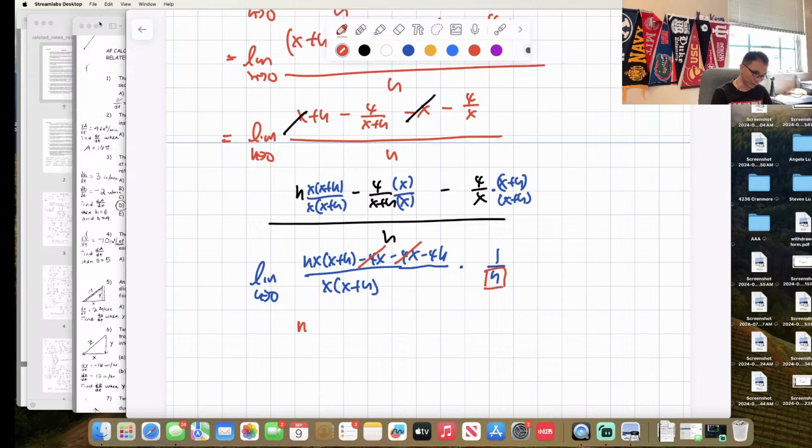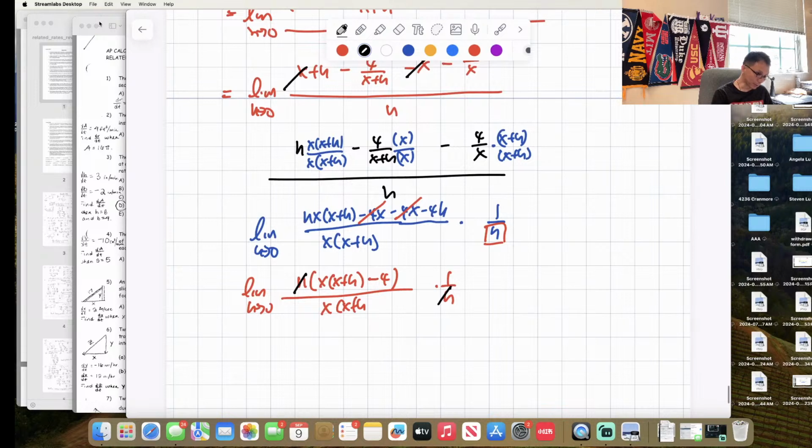What you can do is factor out h. So this one is going to be x times (x plus h). If I factor out h, that's just left with that, and minus 4 over x times (x plus h). And this is 1 over h. Finally, this can cancel. And then now h has to approach 0.